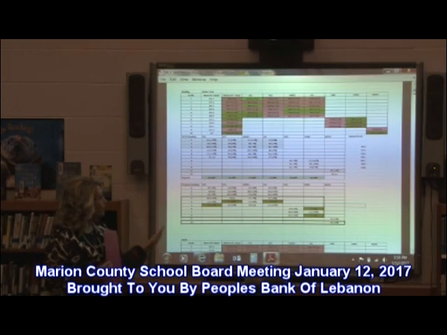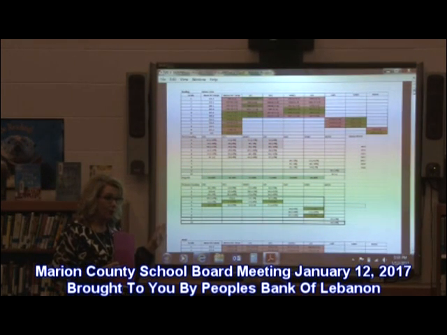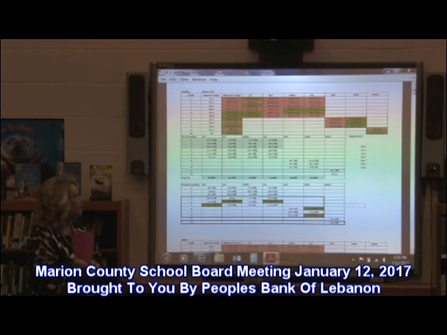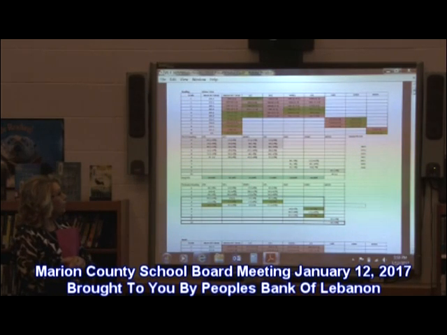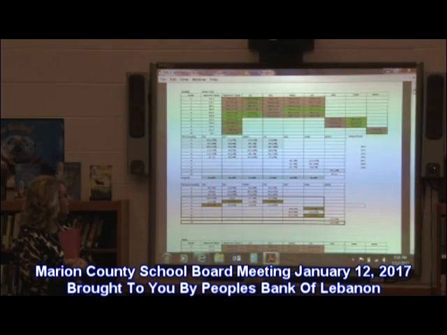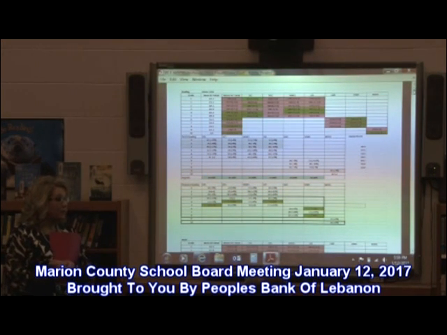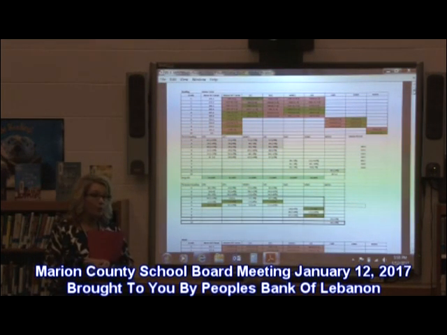So this is our winter MAP data report, and there's a lot of numbers and a lot of information just in this one page. When you're looking at this, the first thing I always do is shade the cells according to whether we are above or below the national norm, the average.